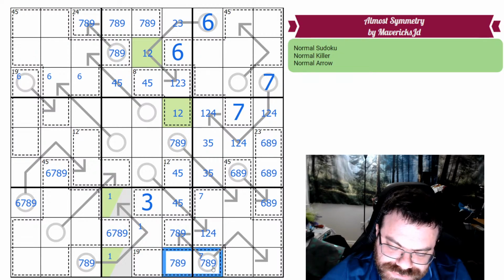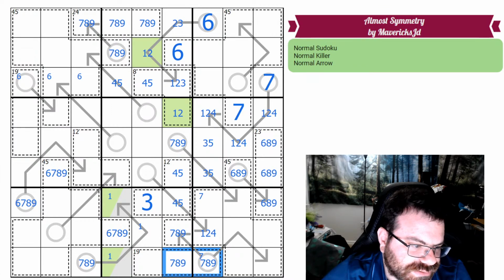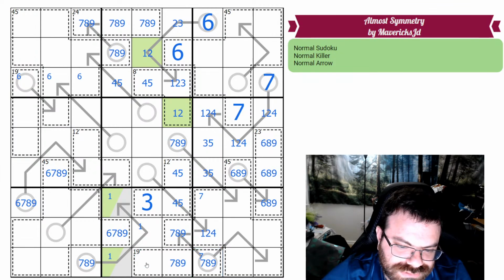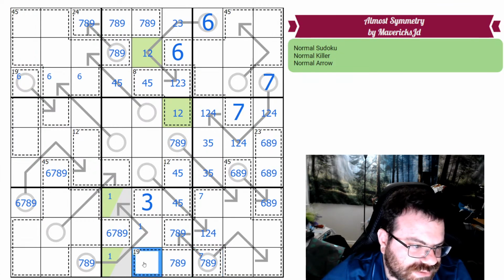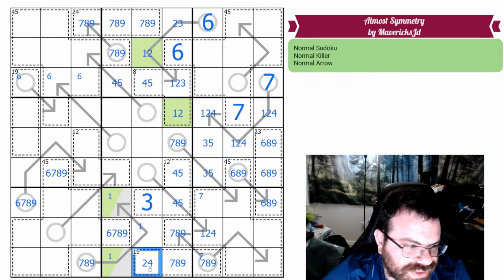So now this 19 is pretty restricted, isn't it? It doesn't have a 6 in it. So we're either 2, 8, 9, 3, 7, 9, or 4, 7, 8. We can't use the 3, so we're not 3, 7, 9. So that means we always have an 8.